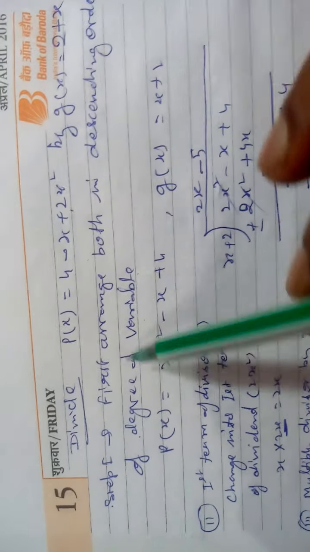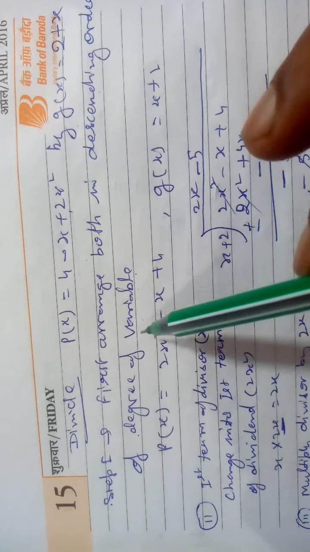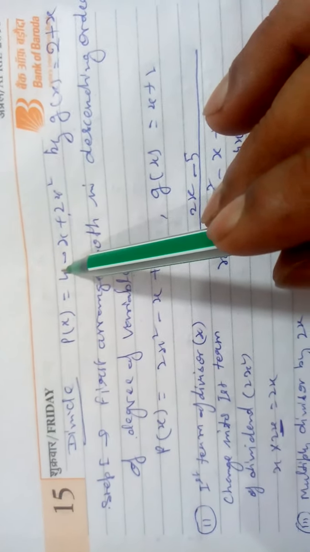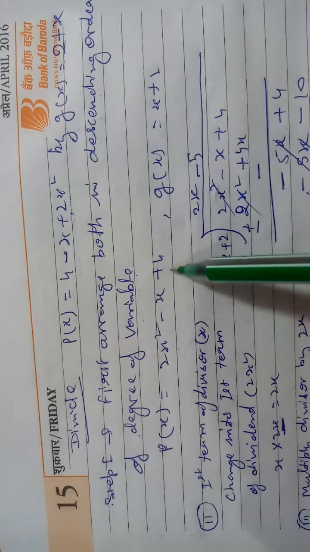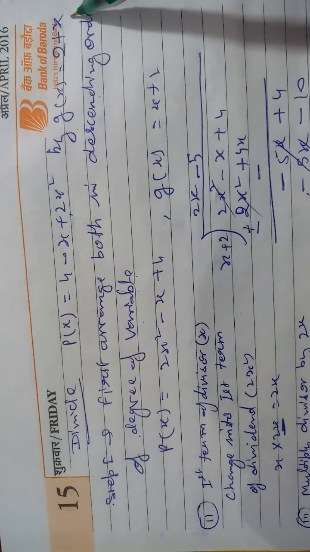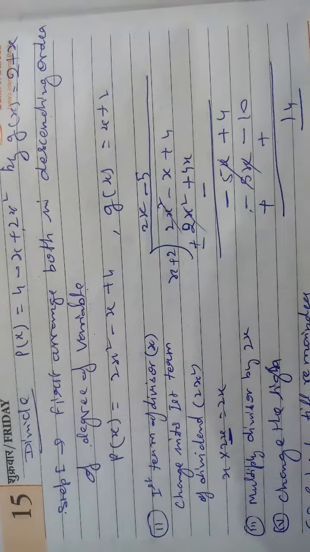You arrange both polynomials in the descending order of the variable. Power is 2, power is 1, power is 0. So here I have written the arranged form 2x square minus x plus 4. Here I have written x plus 2. x is written at the last. So this is very important.